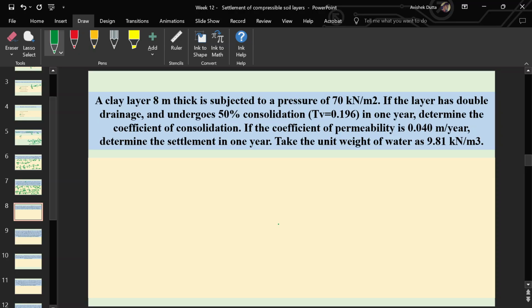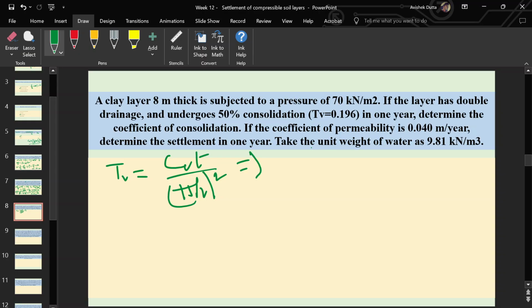No, I think something is wrong. Okay, let's check. CV is correct, sir, absolutely correct. So, the formula you have used over here will be this one, right? CVT by D square, so CVT by (H by 2) whole square, isn't it? Now TV has been given over here.